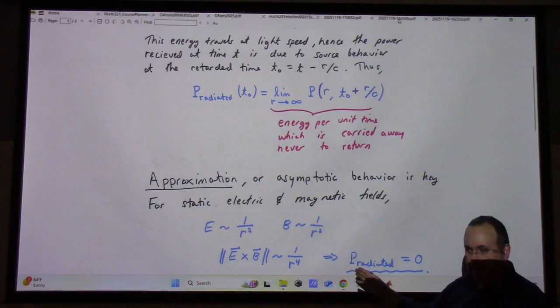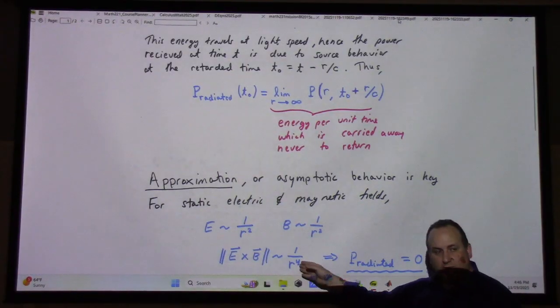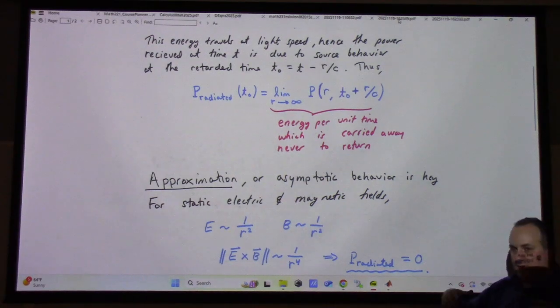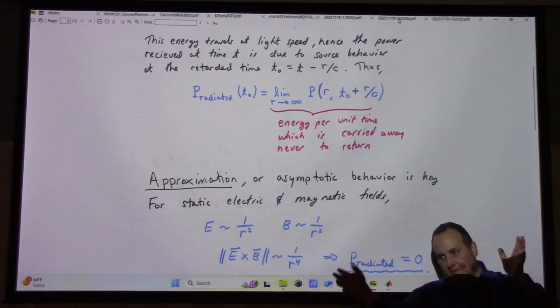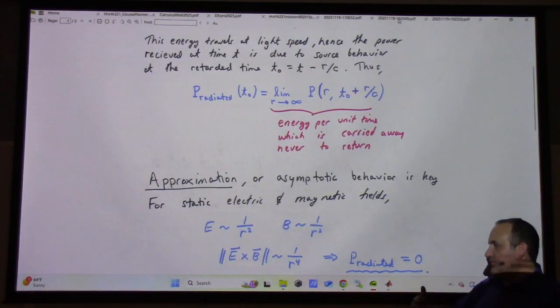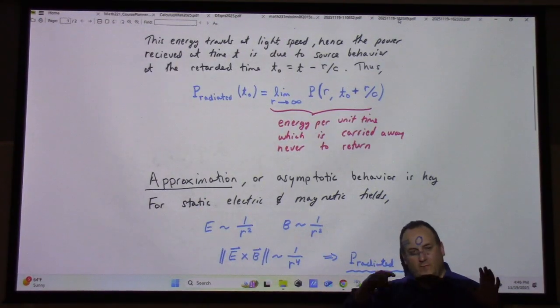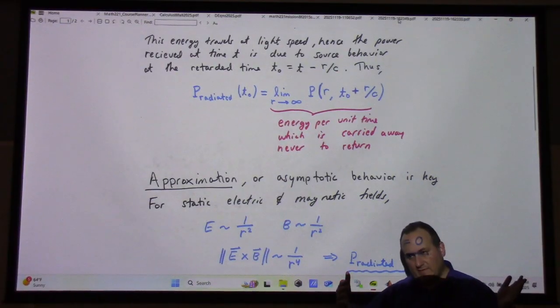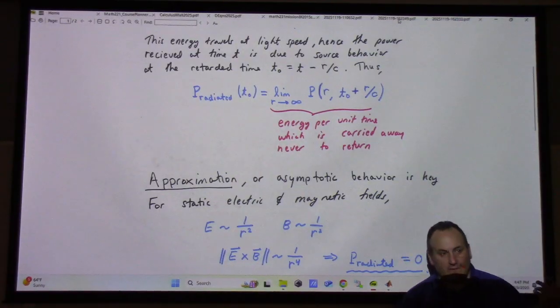And so if you integrate something that's got a 1 over r to the 4th dependence on a sphere of radius r, you do get an r squared from the area element of the sphere. In some sense, it's proportional to this times 4 pi r squared. So that, roughly speaking, is like a 1 over r squared. As r goes to infinity, that goes to 0.